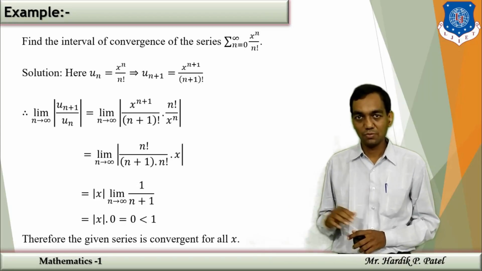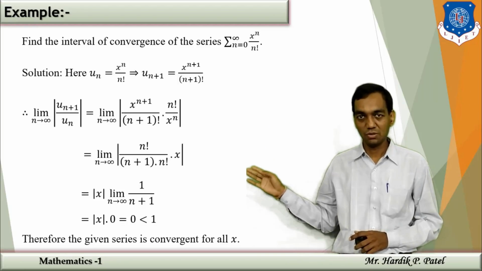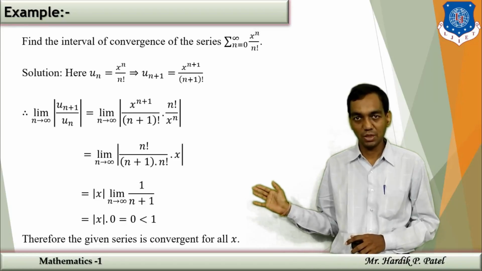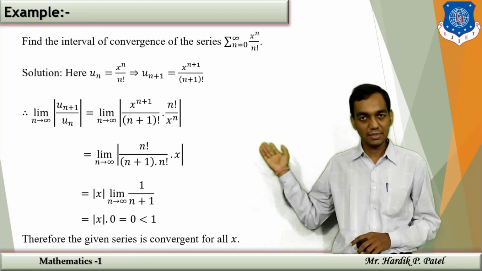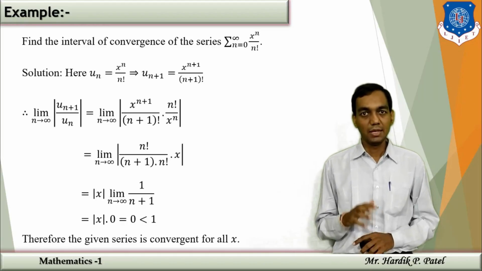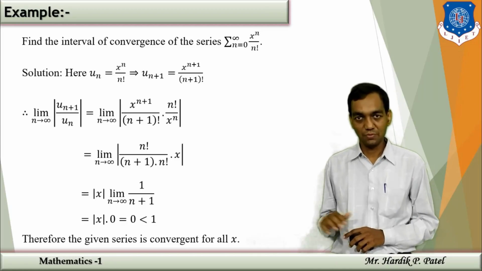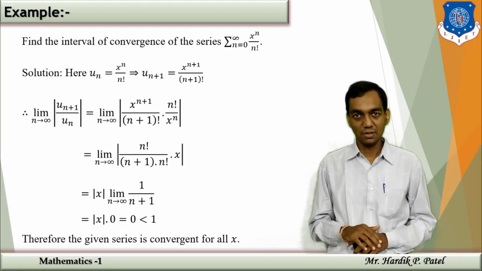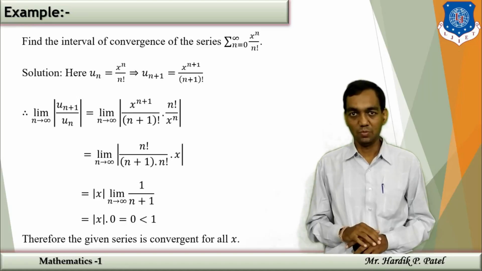Putting the values of un+1 and un, that will give you the limit as n tends to infinity of mod of x^(n+1) upon (n+1) factorial into n factorial upon x^n. The x^n terms will cancel out, and (n+1) factorial can be separated as (n+1) into n factorial. Then n factorial is also going to cancel out, and you will have the remaining term as x upon n+1.